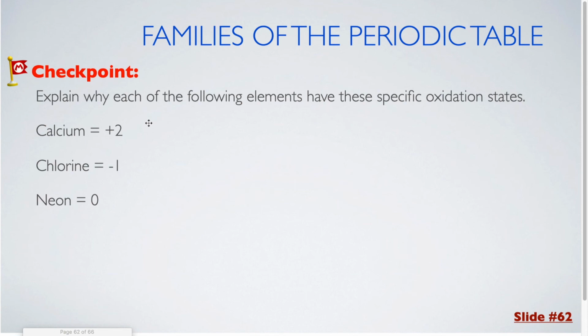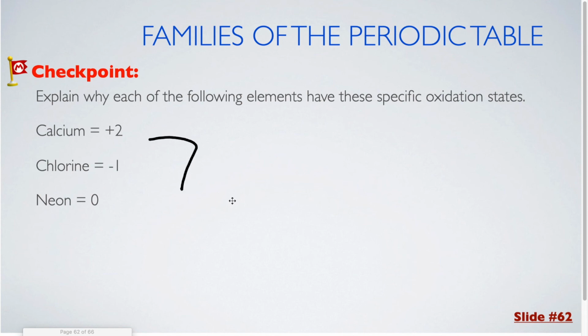It would rather lose 2 electrons. Chlorine, on the other hand, has 7 valence electrons, which means that it would prefer to gain 1 as opposed to losing 7, because that would be easier. Neon, of course, is a noble gas, so it does not want to form a charge at all. So it would prefer to have a charge of 0.